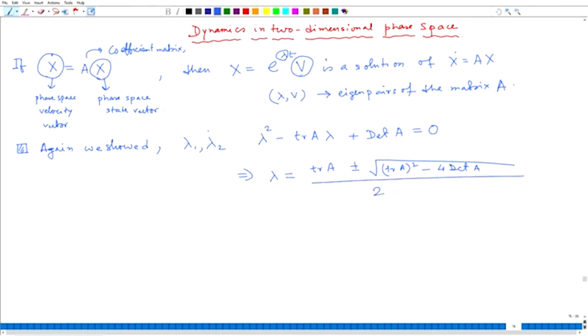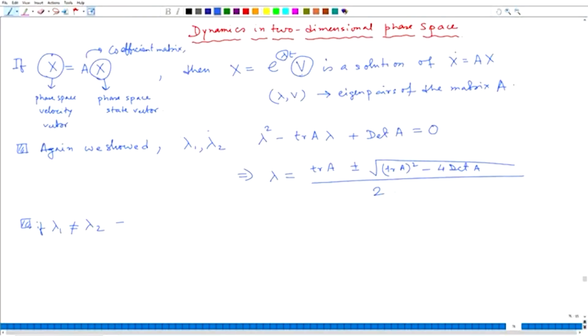Now, if lambda 1 is not equal to lambda 2, that means the matrix A has two distinct eigenvalues. For that case, linear algebra says something very interesting.